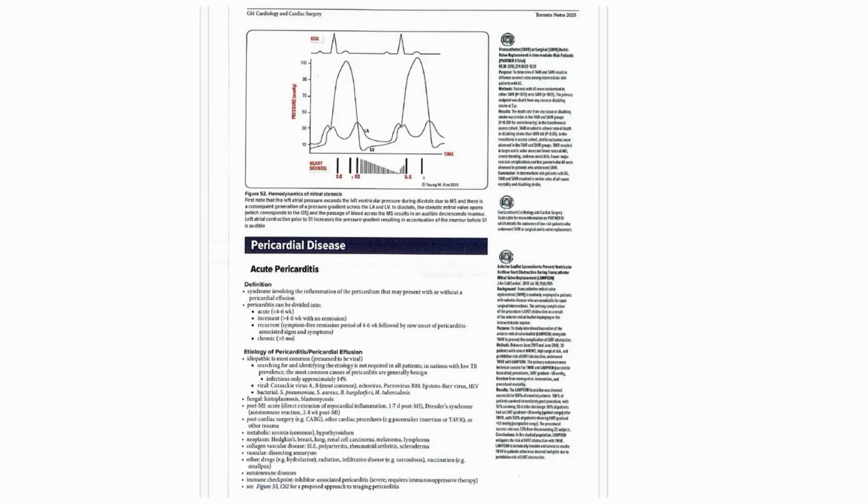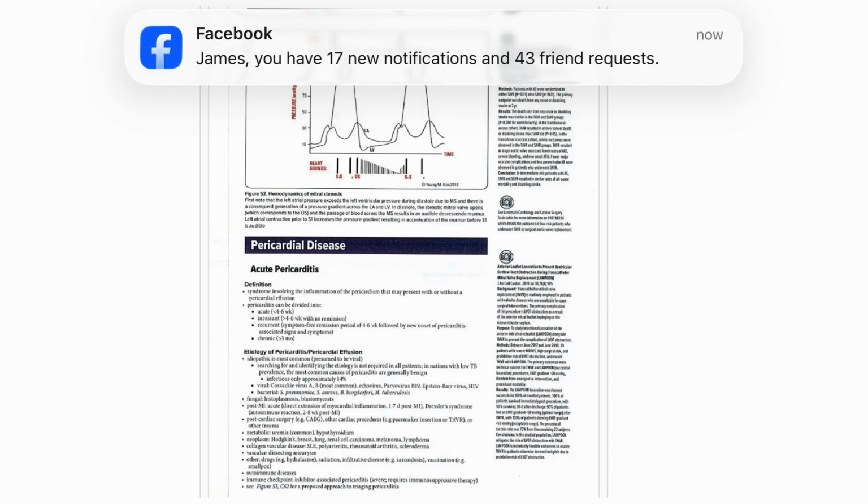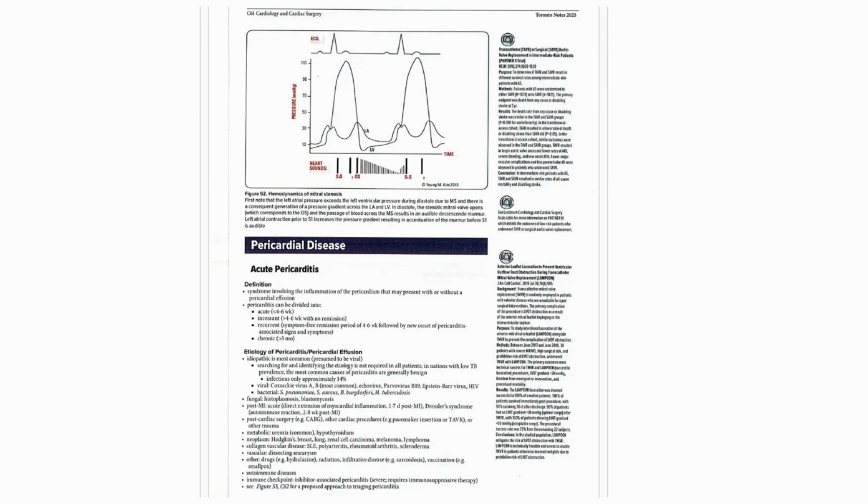Acute pericarditis is inflammation of the pericardium and is classified as acute, incessant, recurrent, or chronic based on symptom duration. The majority of cases are idiopathic or viral, but clinicians should also consider bacterial, fungal, post-myocardial infarction, post-surgical, metabolic, malignant, autoimmune, vascular, drug-induced, radiation-related, and immune therapy-related causes when evaluating a patient.